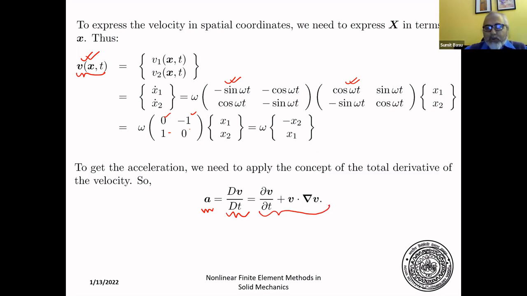So now I am going to take these expressions. So I have V1 equal to minus omega x2, V2 equal to omega x1. So this is what I have, and I will plug it in here and try to get the acceleration.